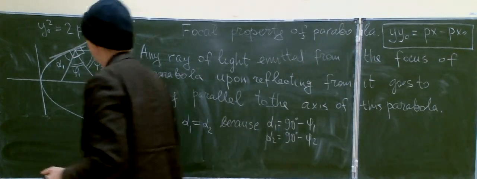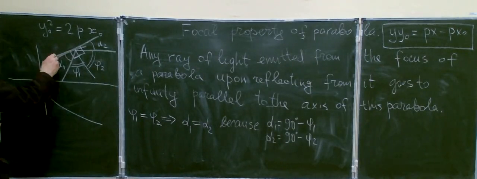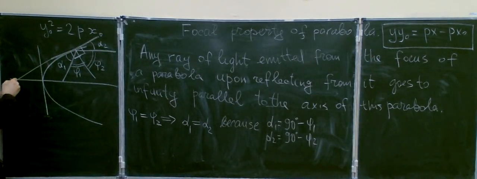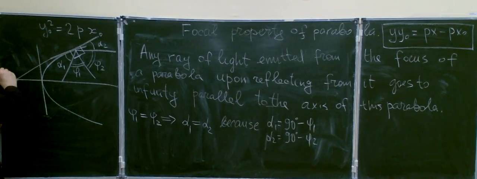And now let's extend our tangent line until it crosses the axis of our parabola. And let's denote this crossing point through N.